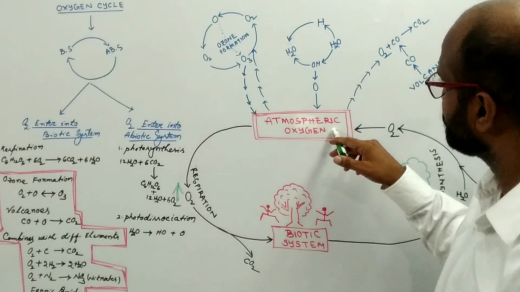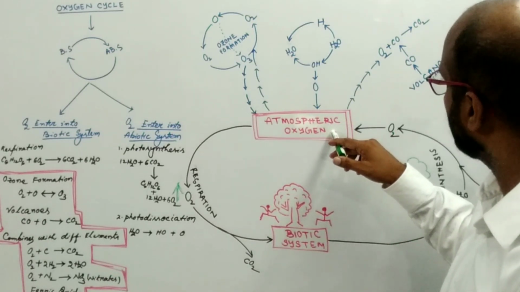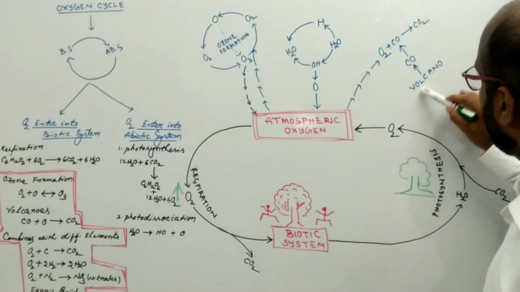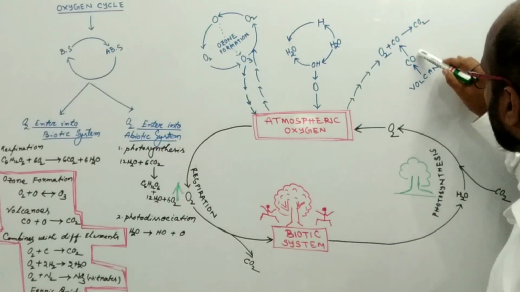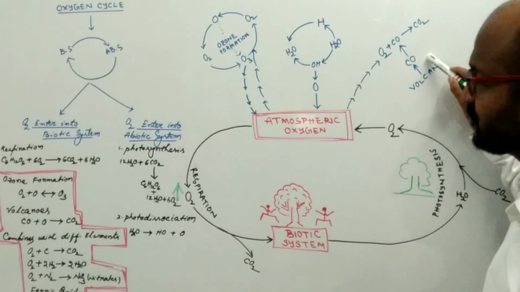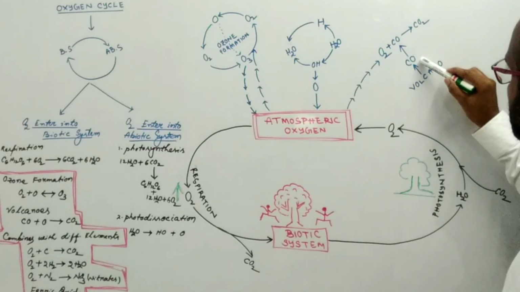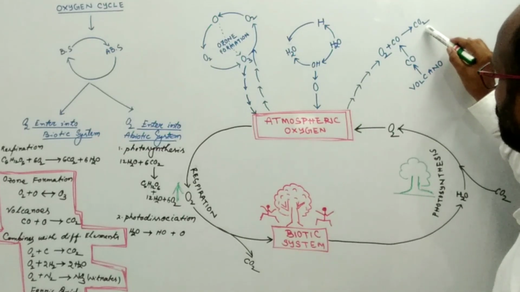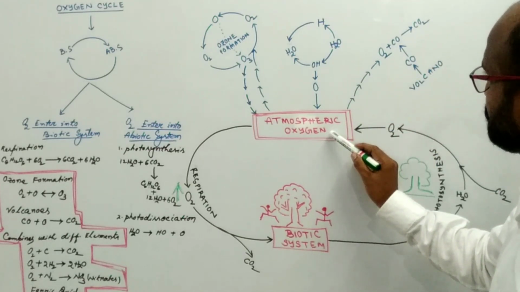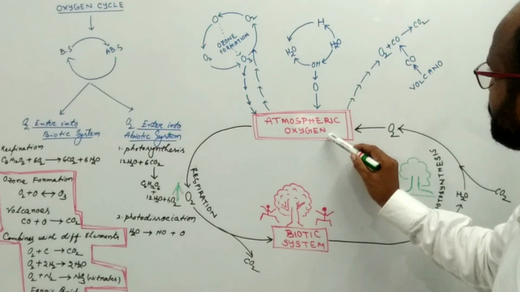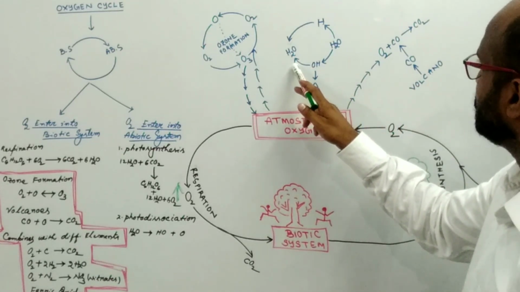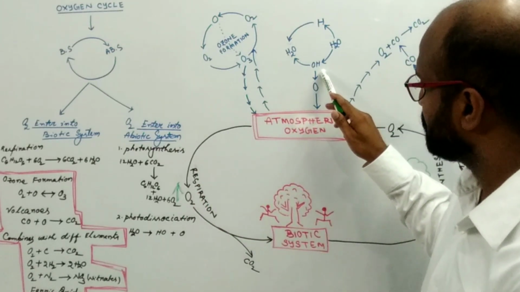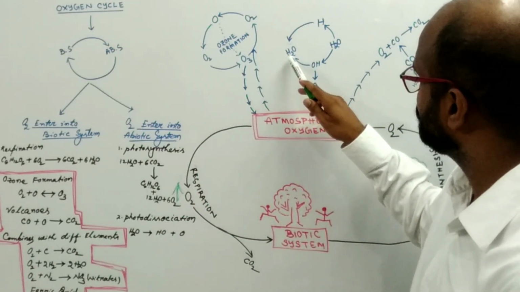Some of the atmospheric oxygen may also be utilized for the formation of carbon dioxide at the time of volcanic eruption, when carbon monoxide is produced. Such carbon monoxide is unstable and immediately combines with oxygen to form carbon dioxide. Some of the atmospheric oxygen may be utilized for the production of water molecules: HO combines with H to form H2O.